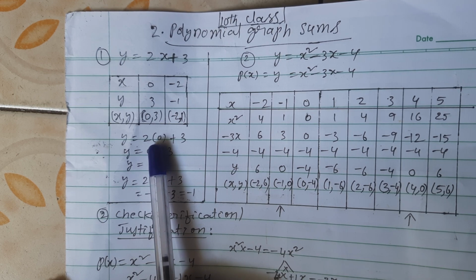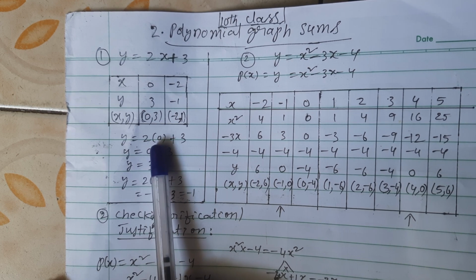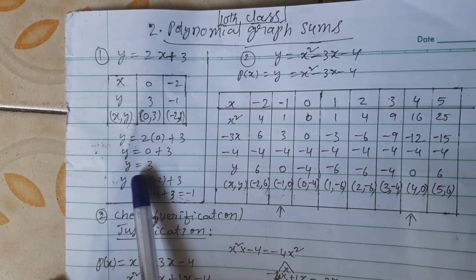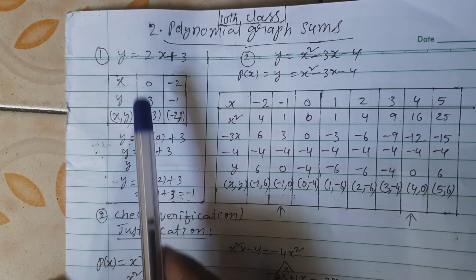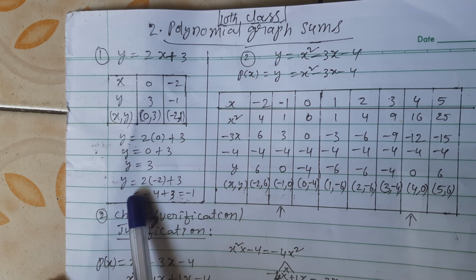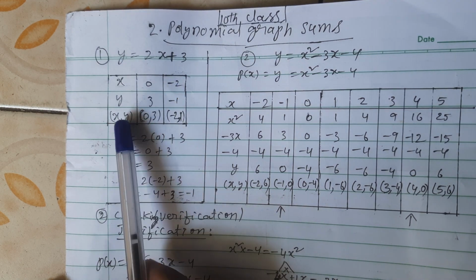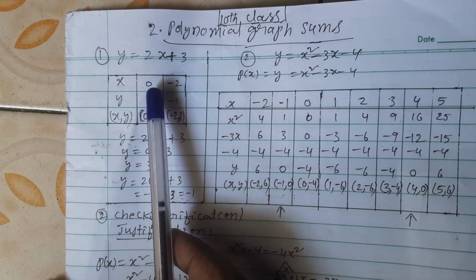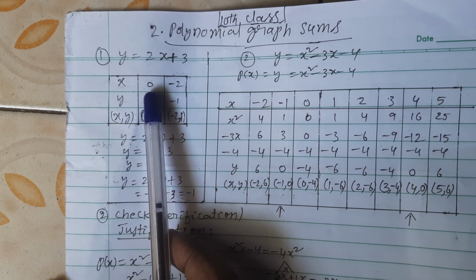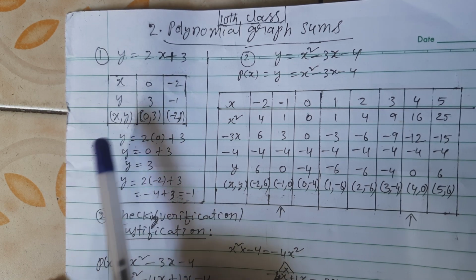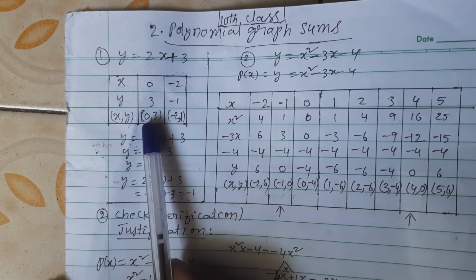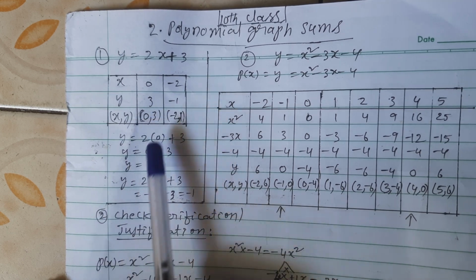Put x value as 0, 2 into 0 is 0, plus 3, y is equal to 3. Suppose here the coordinate is, when we keep x value 0, we got y value 3. 0 comma 3 is the coordinate.